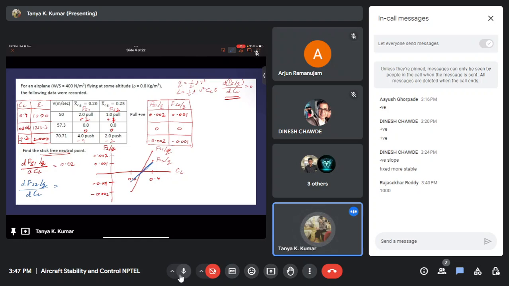Both are positive slopes, let's say. You just tell me what the slope of the second line would be. Just take the first and the last point. So it will just be 0.01 minus minus 0.001 by 0.4 minus 0.2.